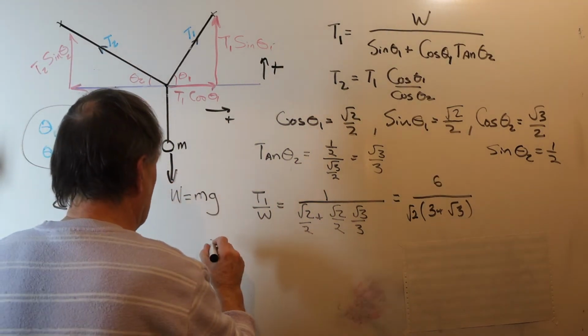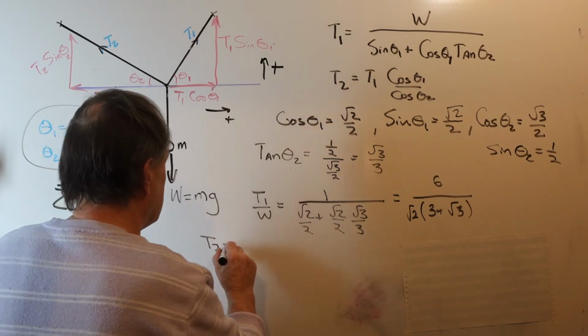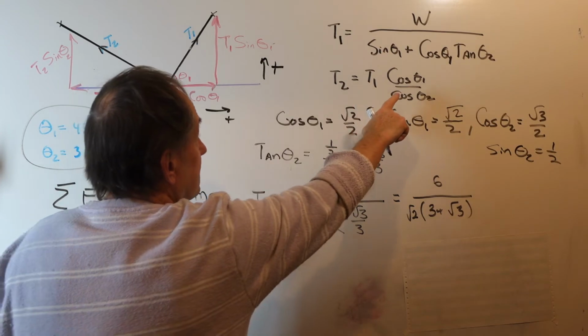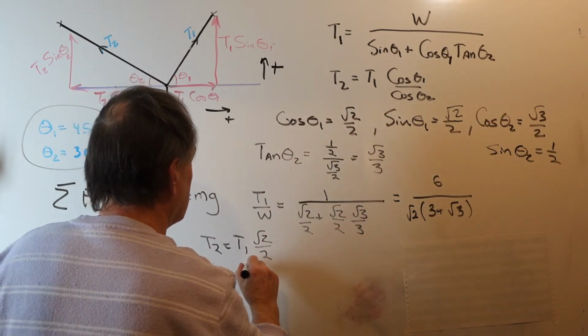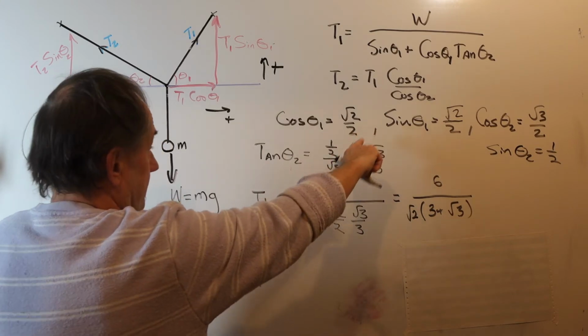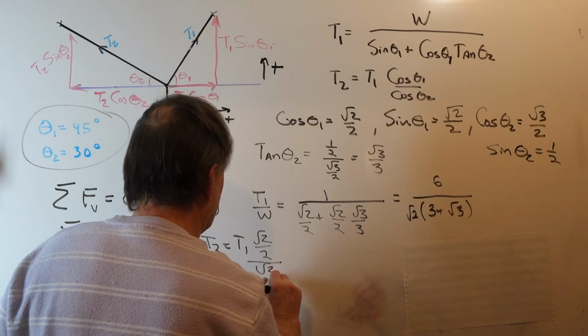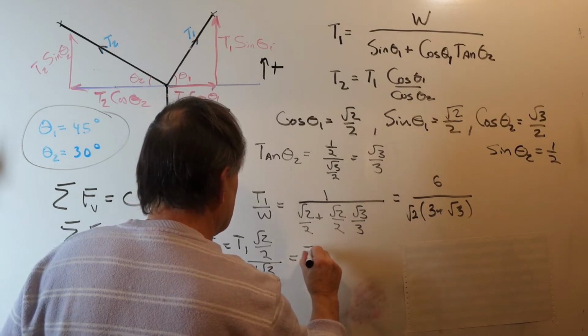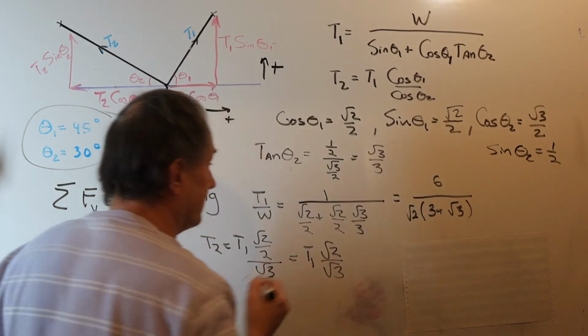Now T2 will be T1 times the cosine of theta 1, which is square root of 2 over 2, divided by the cosine of theta 2, which is the square root of 3 over 2, or this is T1 times the square root of 2 over the square root of 3.